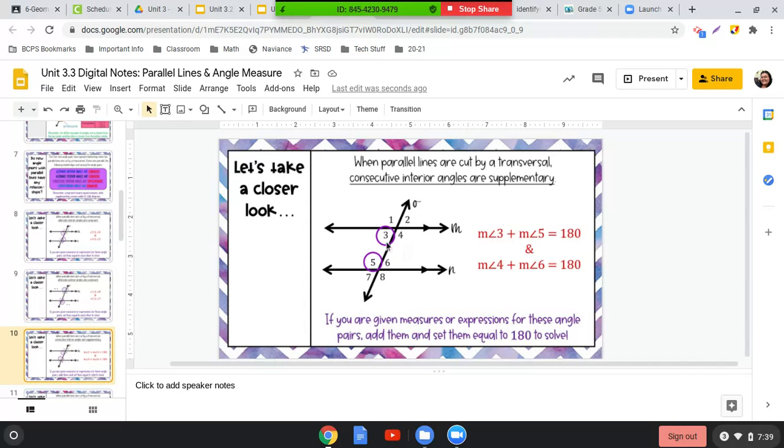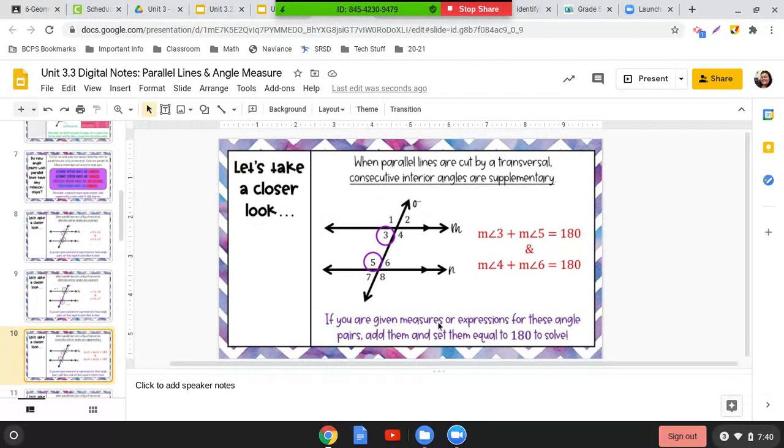Well, interior, we know we are inside of the parallel lines, and consecutive interior, we know that we are going to be on the same side of the transversal. So we know that angles 3 and 5 are going to add up to 180 degrees. So we have that written right here. And we know that angles 4 and 6 are going to add up to 180 degrees. We have the measure of angle 4 and the measure of angle 6, and we have 180 degrees.